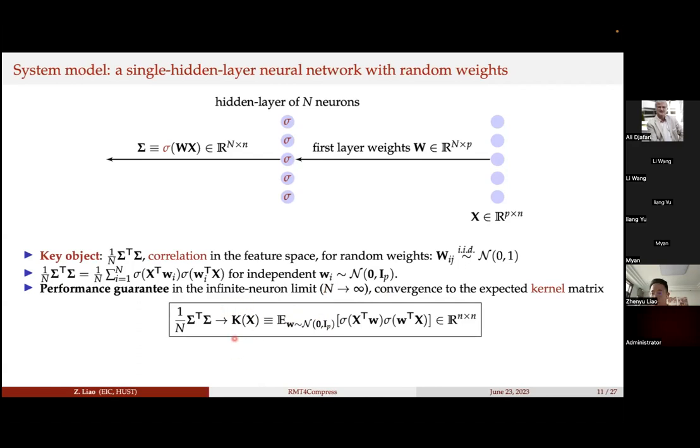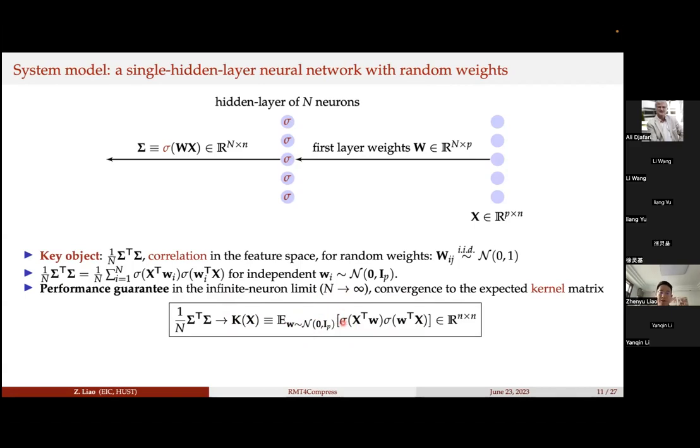So it is a small n-by-n matrix because we have n data points. And it's a function, of course, of the distribution of the random weights, since here we are taking the expectation with respect to the random weight vector, and also, of course, a function of the nonlinear activation function sigma here.